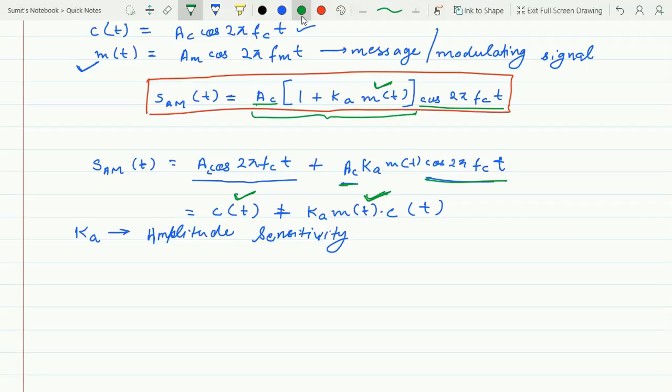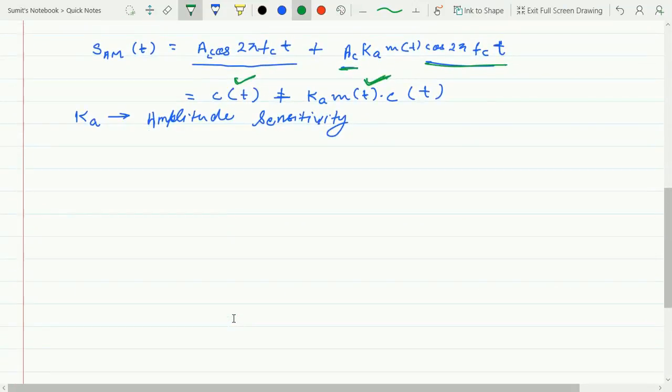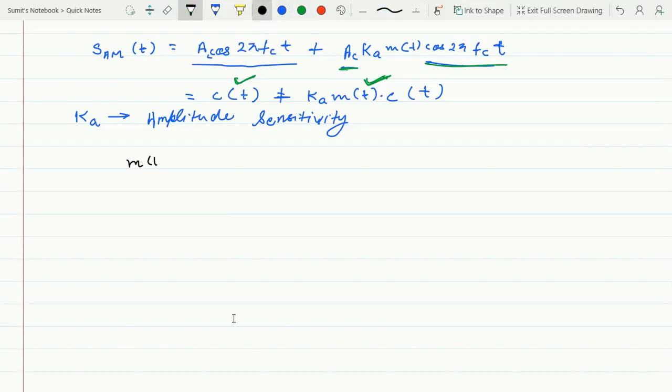So let's say I take a message signal now, and we will try to sketch its spectrum keeping this expression in mind. Let me assume m(t) to be having a spectrum like this. It has some spectrum from 0 to fm and minus fm.